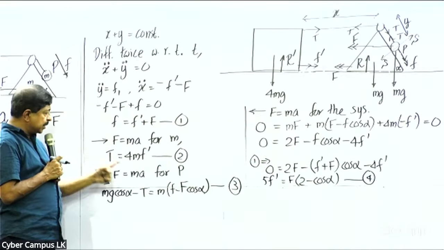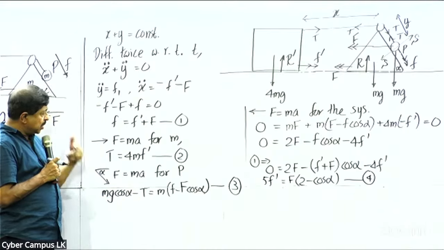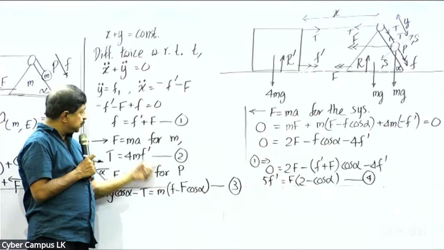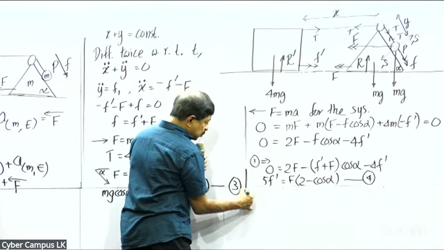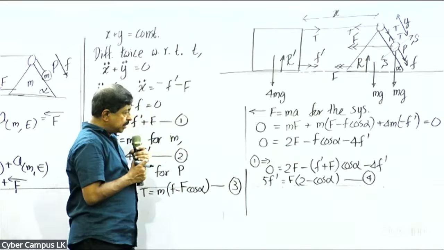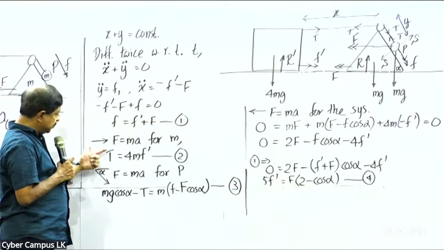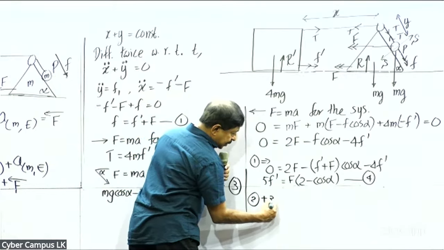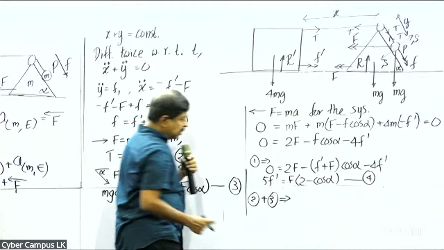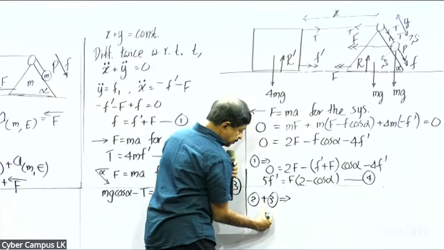Now you have to get rid of T. You can add 2 and 3. And whenever you have simple F, you replace it by this. So now we have already removed T and simple F here. We get one more equation. We add these two, so then we can remove T. When you add them, you get mg cos alpha on this side.